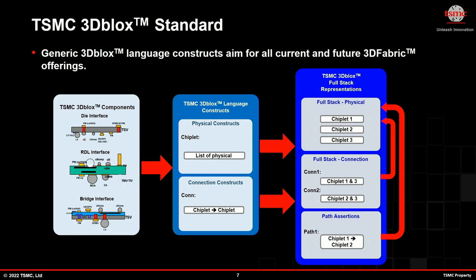From there, we start to look at our TSMC offerings. You can imagine the whole 3D IC design is about designing the interface. So we first started by looking at all our possible interfaces, the silicon interfaces, the organic interfaces, and our bridge kind of interfaces. We analyzed them and put them into a set of language constructs. When we designed these constructs, we did this in two kinds of format. We made a physical construct, which captures the physical dimensions and typical physical properties.